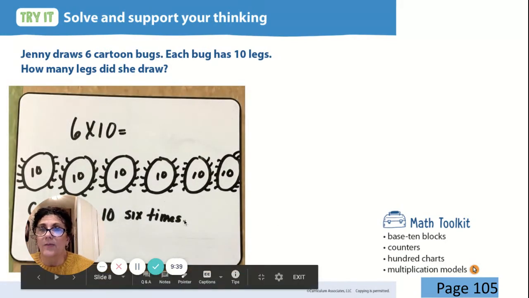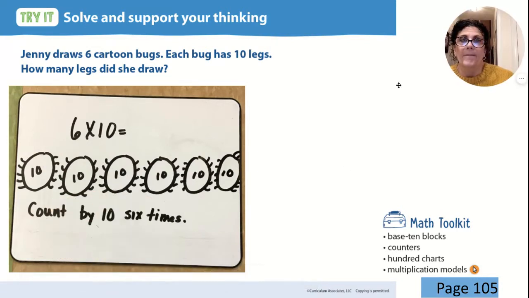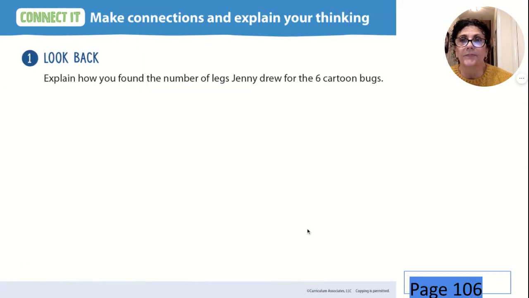And that's exactly what I did. I said 6 bugs, and I put 10 in the middle of each, and then I also put 5 legs on each side. So I have a total of 10 legs per bug. This one's a little squashed, but it's certainly there. So you can count by tens 6 times.